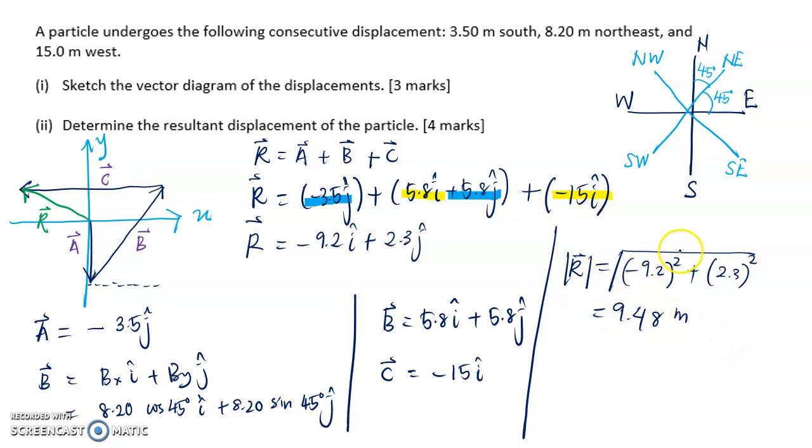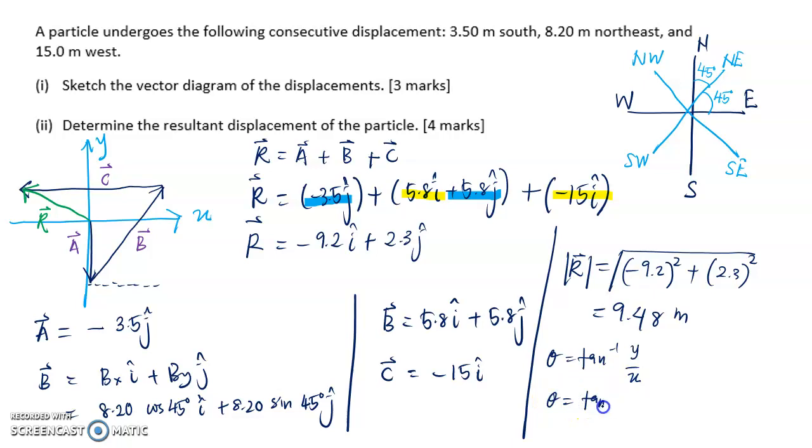So this is the magnitude, and then moving on to the angle, we can use this function. Theta is equal to arctangent of the y component over the x component.